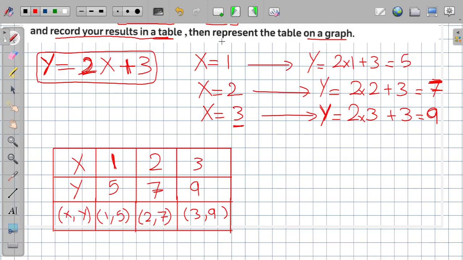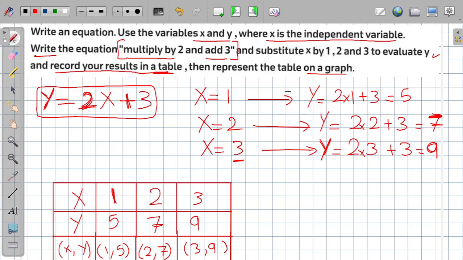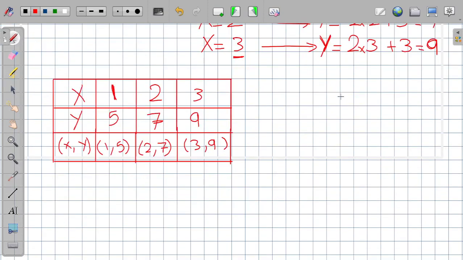Then I want to represent the table on a graph. So I will draw the two axes, and after that I will graph my equation. Okay, so let's draw axes first. I have the horizontal one and I will have the vertical one.